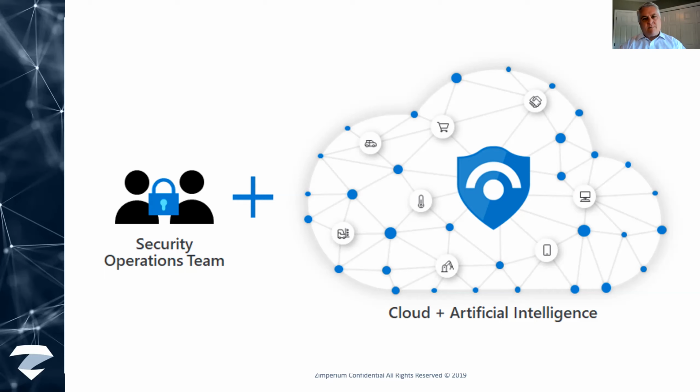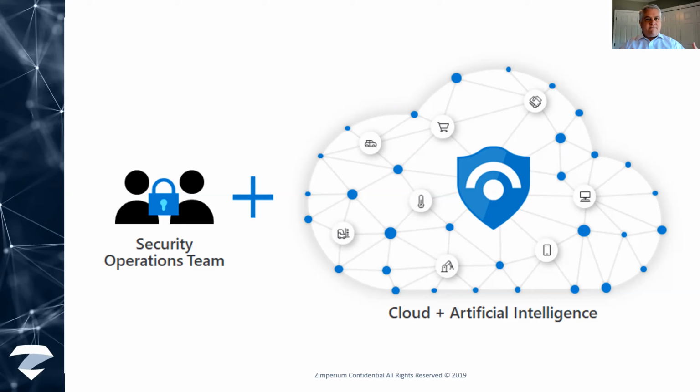Security is always going to be complex and a challenge in many aspects, but it can help it to become easier. And what's great is that the artificial intelligence and the automation that come along with a service in the Azure cloud, the way I think about it is it becomes a force multiplier for security teams.